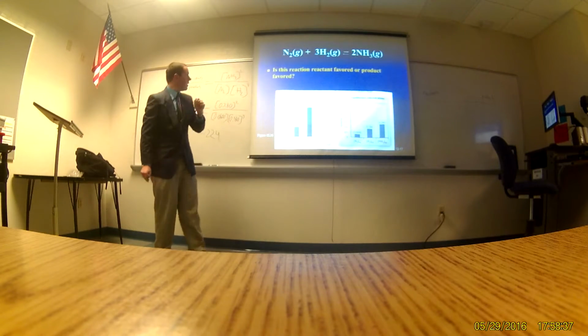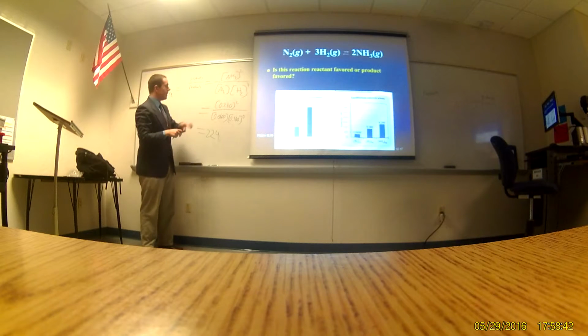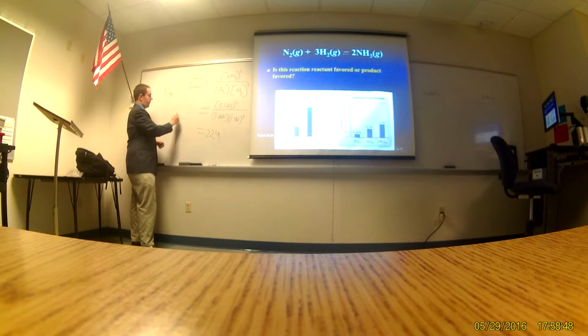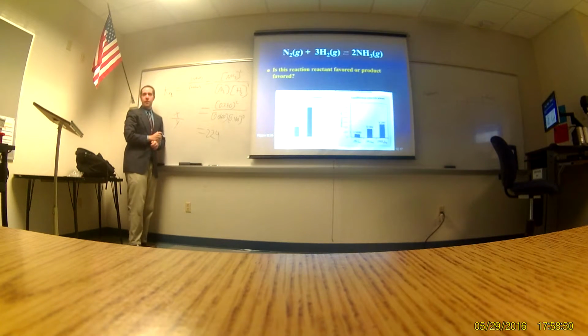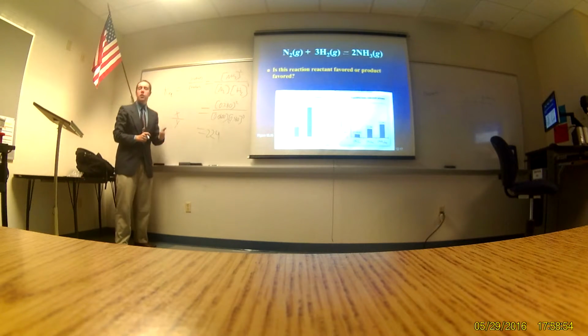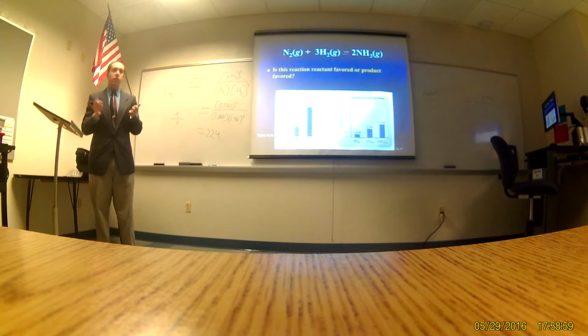And it's easy. This number comes from this, right? And this is products over reactants. So if you have a fraction, x over y, if x is bigger than y, is your fraction more or less than 1? It's more than 1.